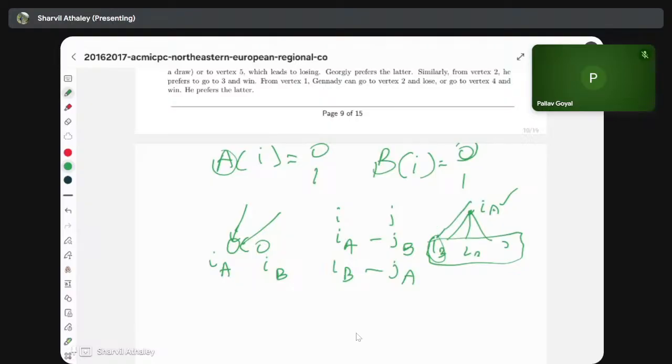And if we have player B who doesn't want to terminate, then for that player the value will terminate only if all its outgoing edges, 1A, 2A, all of these are terminating, then only iB will terminate.